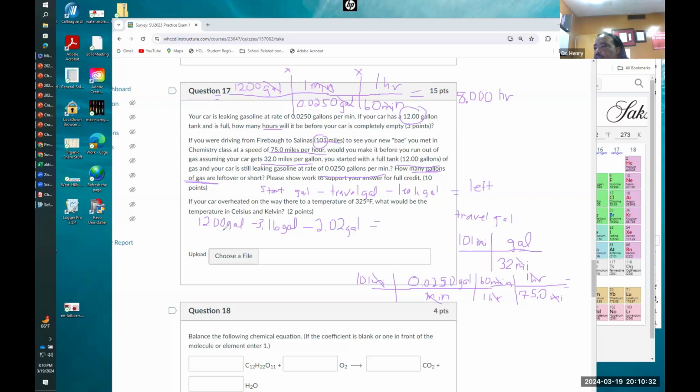Okay, so then altogether, did we make it? Yes, since it's a positive value, we made it. And we end up with 6.82 gallons left over.